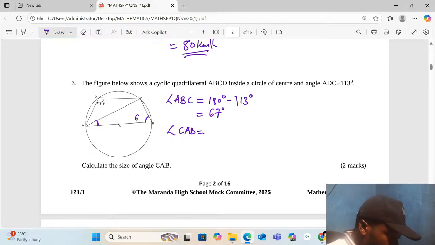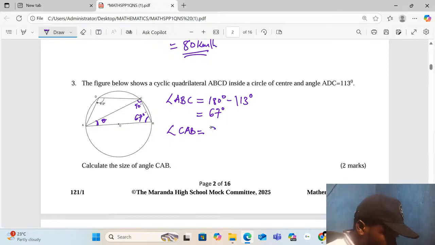Now this is 67 degrees, and this is 90. So 67 plus the remaining angle, we call it theta, must give us 90 degrees.